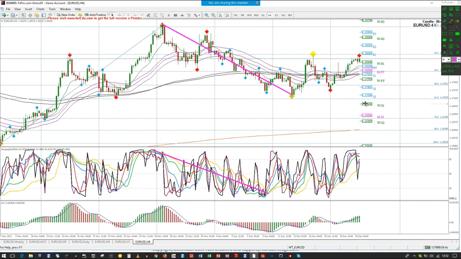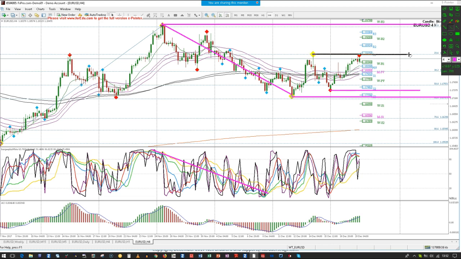On the 4-hour chart, we're expecting price to come below here before it goes above here. And on the 1-hour chart, we're expecting price to go below here before it goes above here. So if the 1-hour chart lets us down, we're still looking to go lower on the 4-hour chart.